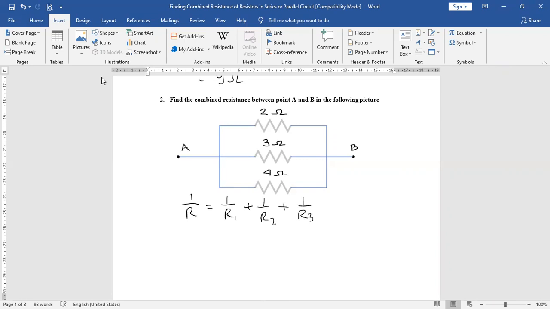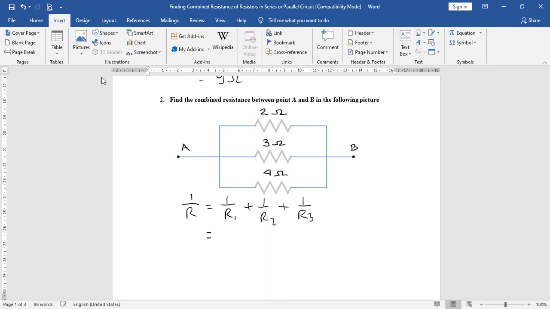And here for number 2, it's clear that we need to find the combined resistance between point A and B. So this is point A, this is point B. Later in the next problem, you have four points. Okay, so now let's get back to problem number 2.